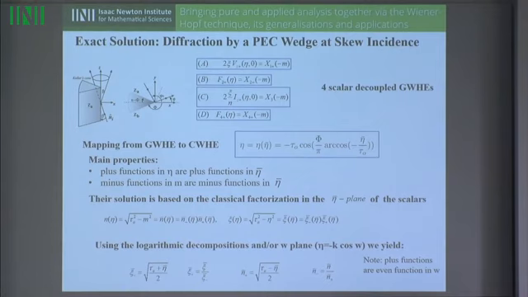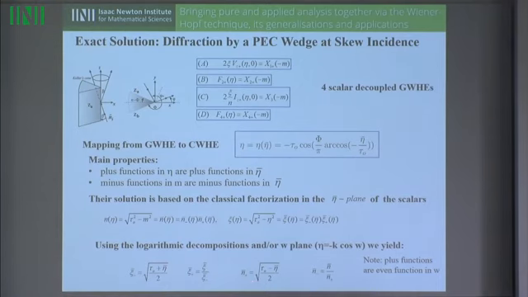And here are reported some factorizations that are useful to get the solution. You see here the equation depends on xi and eta, so we need to factorize eta and xi, and the factorization is reported here.